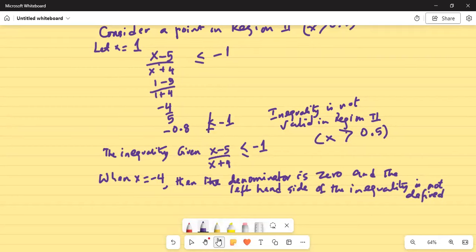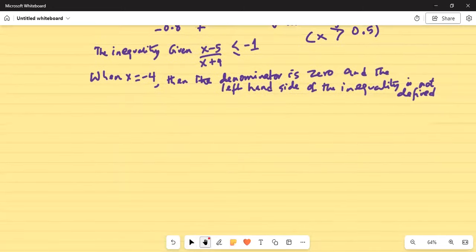Okay, so let me draw the number line again.